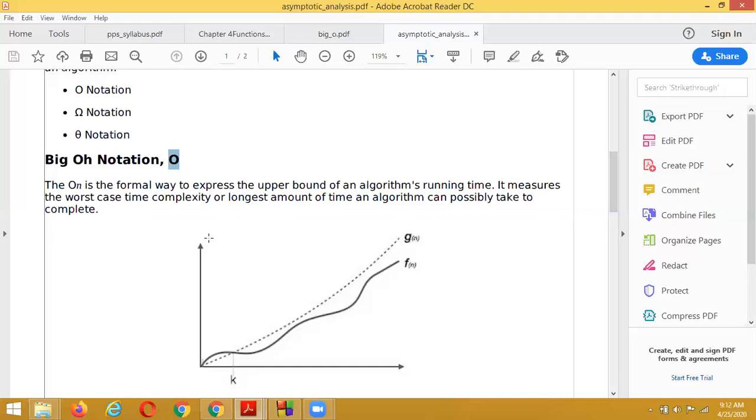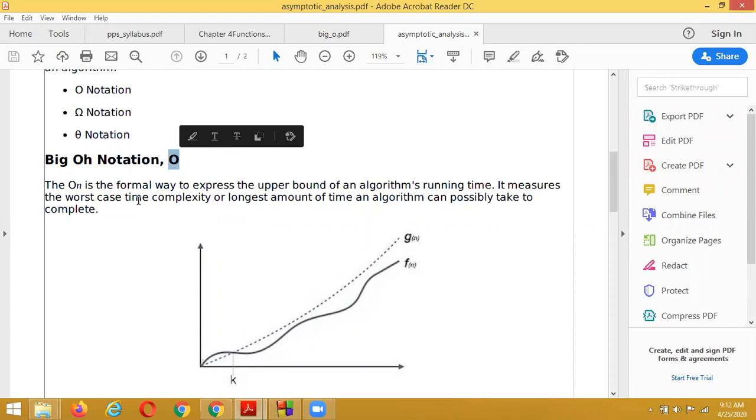And here g of n is taking more time compared to f of n. Then we call it the worst case, and such a worst case is represented by the symbolic notation big O.